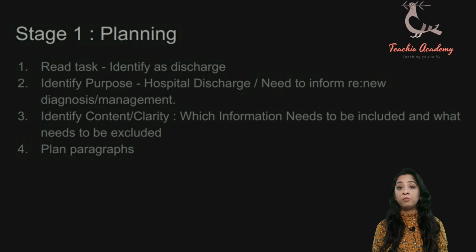Let's see what we would do on our OET. When I'm planning my task, I always decide what information needs to be included and what needs to be excluded. Because this is a discharge letter, my main point is that the person that I'm sending this patient back to is the regular carer for this patient.